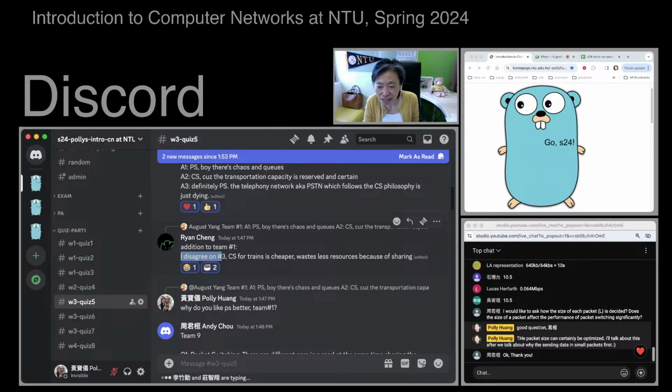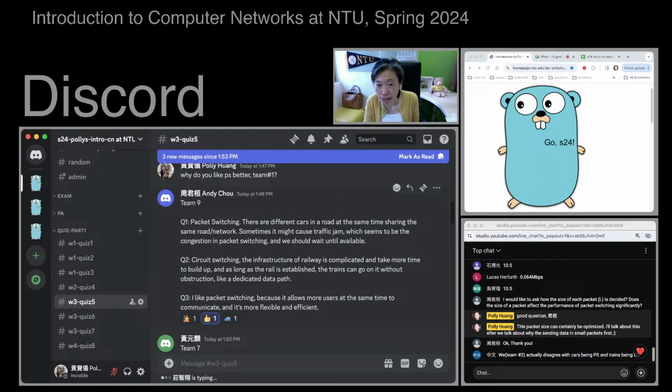I disagree on number 3. Yeah, because CS is preferred, when the utilization of the trains is high, it is cheaper, right? It's what most metropolitan systems are hoping for. But if the utilization is low, right? Tricky, isn't it, Ryan?